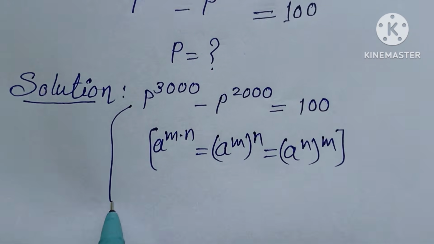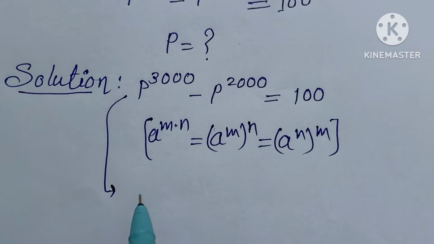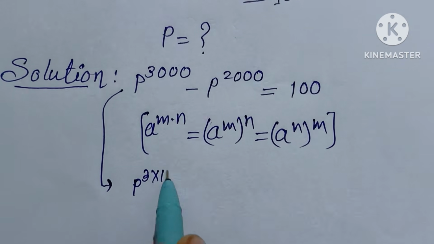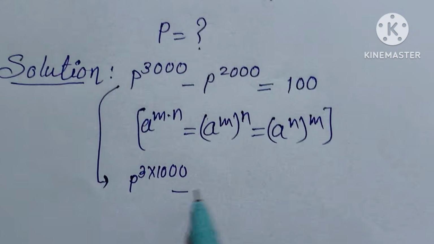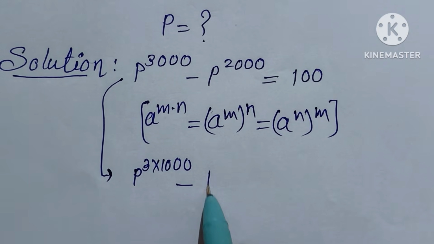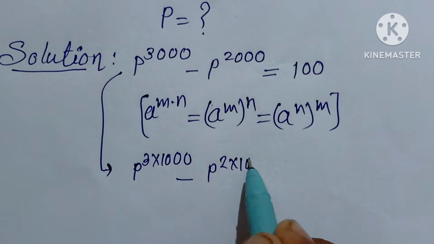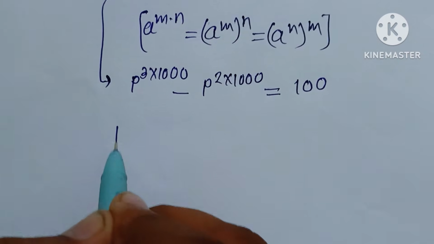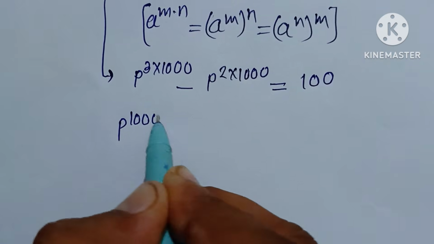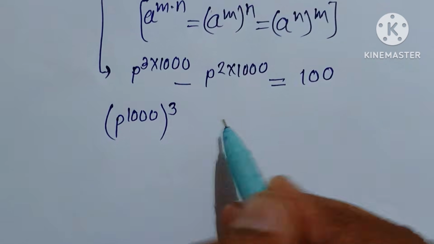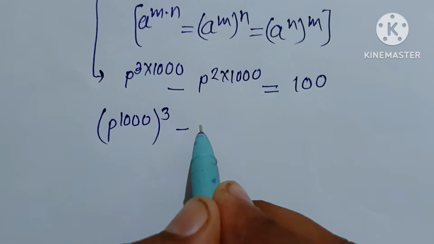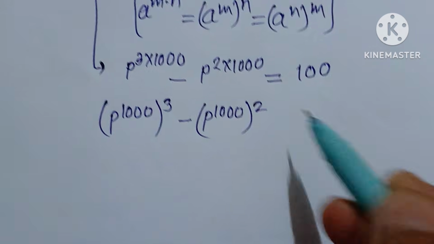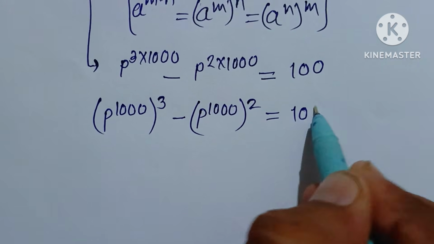Now we will come to this here. P raised to power 3 multiply 1000 minus p raised to power 2 multiply 1000 equal to 100. Now p raised to power 1000 raised to the power 3 minus p raised to the power 1000 raised to the power 2 is equal to 100.